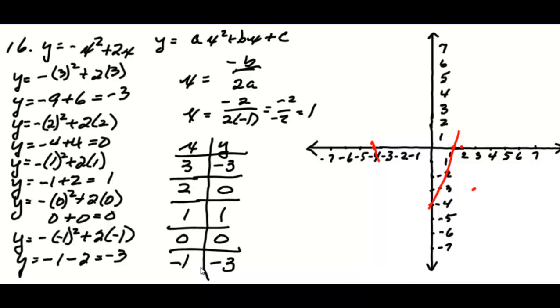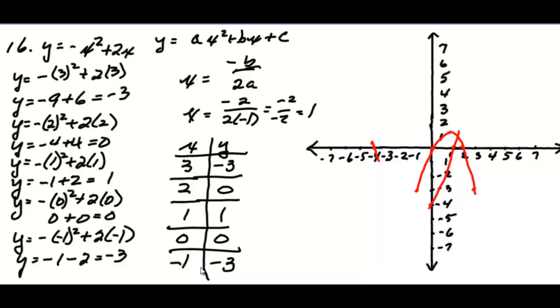When x is 1, y is 1, so that sits right here. When x is 0, y is 0, and then when x is minus 1, y is minus 3. And you see, as we graph this one, it goes up like this, peaks, and then comes back down again.